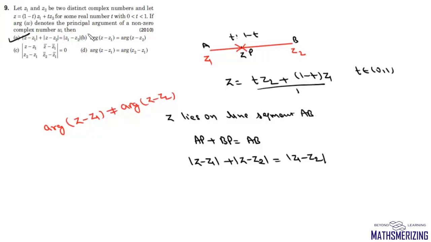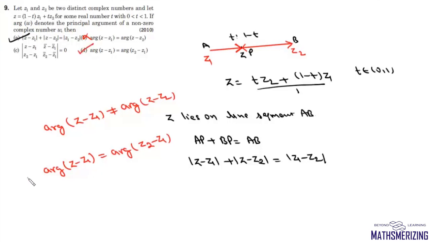So that means option B is incorrect. Now what about the argument of Z minus Z1 and the argument of Z2 minus Z1? Z2 minus Z1 and Z minus Z1 are both in the same direction. So from here we can say the argument of Z minus Z1 must be equal to the argument of Z2 minus Z1. That means option D is correct.